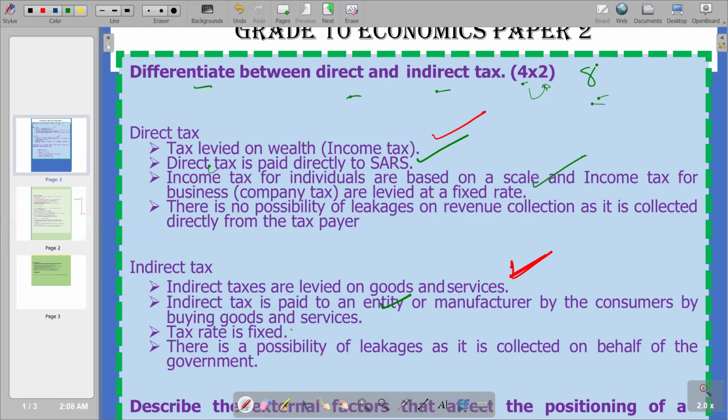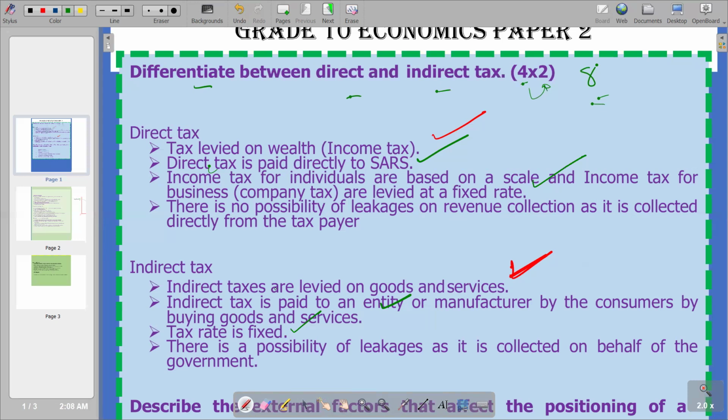Then we go to the next point, which says that under direct tax, there is limited possibility of leakages in revenue collection, as it is collected directly from the taxpayer by the tax authority. But under indirect tax, there is a possibility, because the tax money is going to change hands.